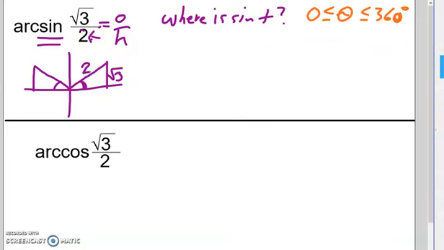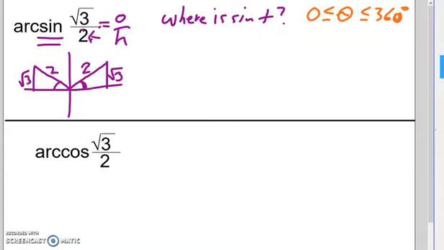So you write those right there on the two possible triangles, right? So those are the two triangles that could give us a sine value of the square root of 3 over 2.